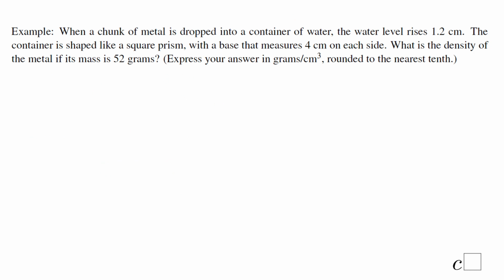The container is like a square prism with a base that measures 4 centimeters on each side. What is the density of the metal if its mass is 52 grams? So I'm going to try to draw a rectangular prism. I'm going to try to be an artist here. Maybe not. Something like this, I guess.